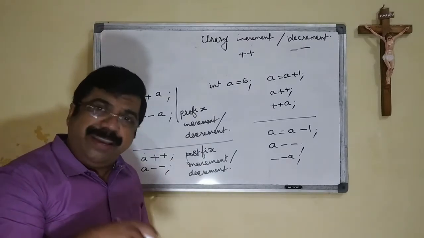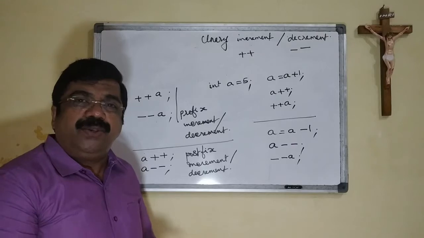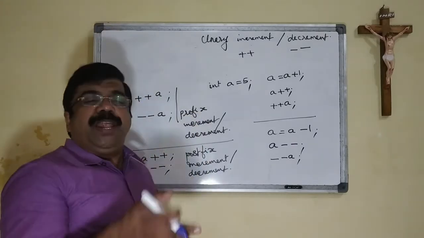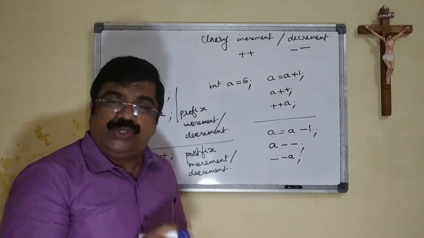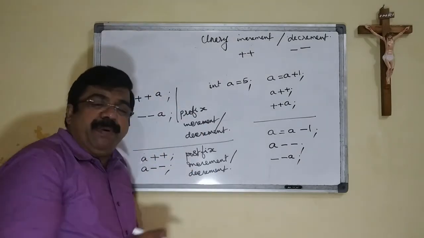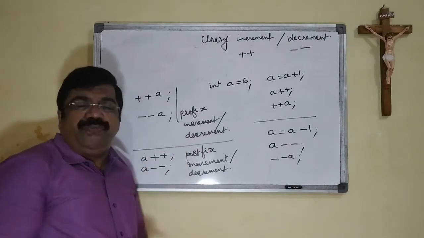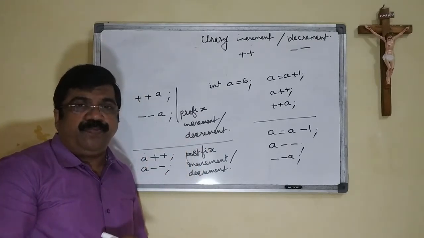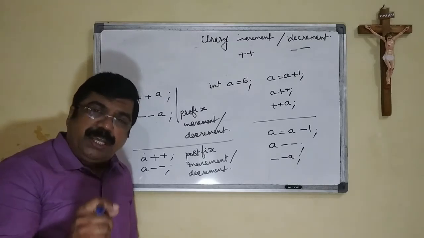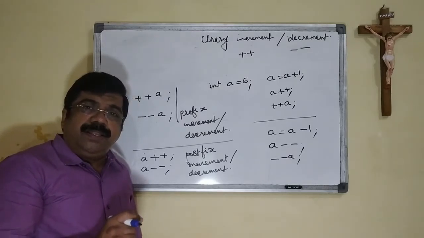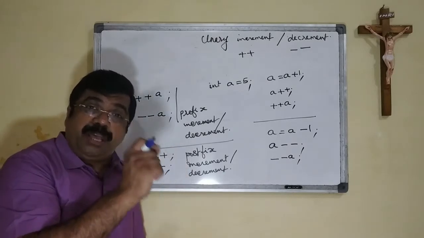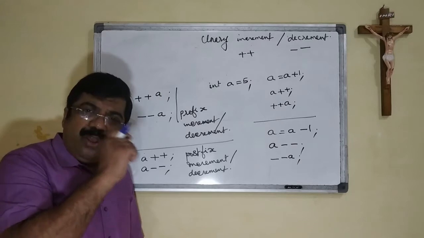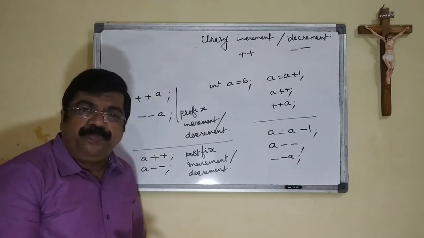I think it is clear. Whether we give it before the variable, that means prefix, or after the variable, that is postfix, both are doing the same thing. In case of the increment operator, the prefix increment operator will increment the value by 1, whatever it is given.